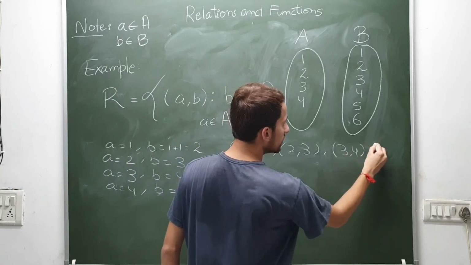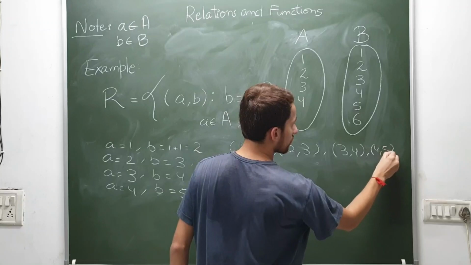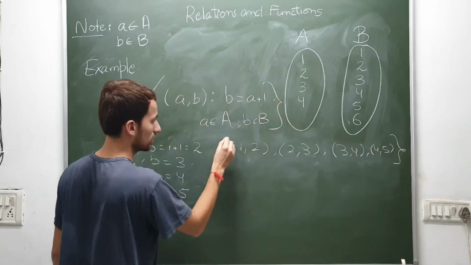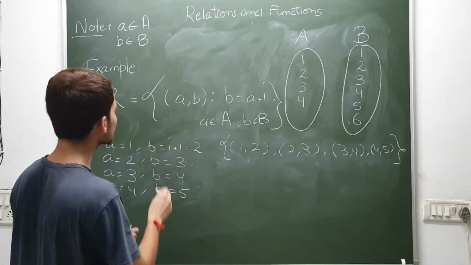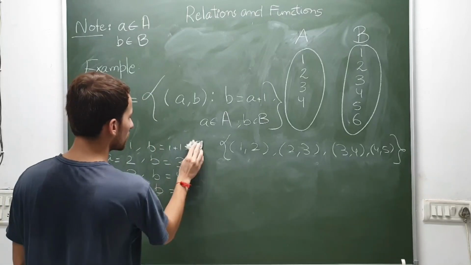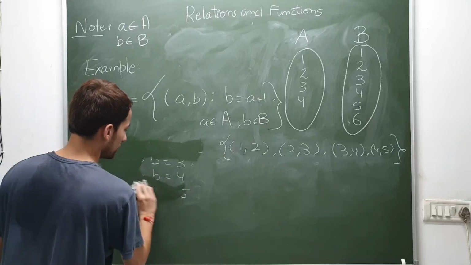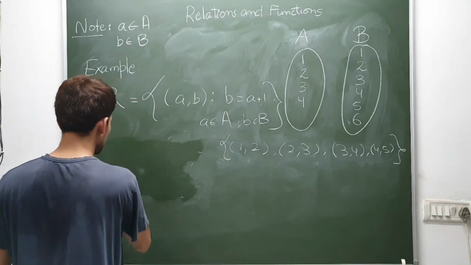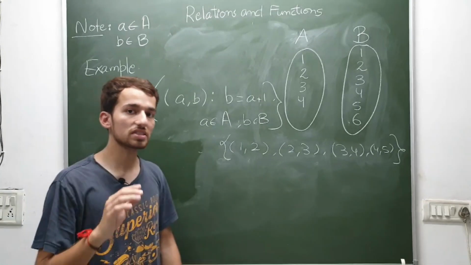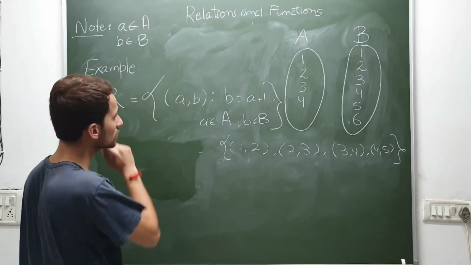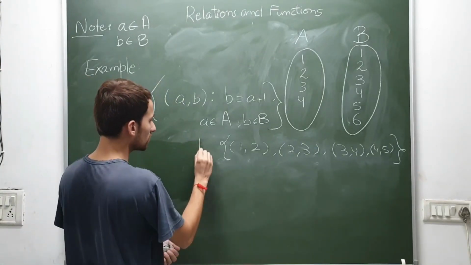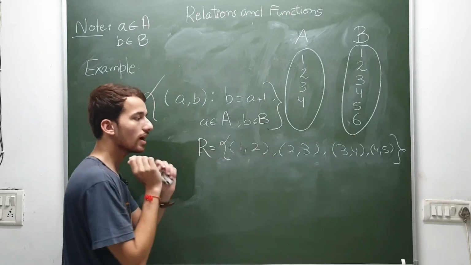We are making a collection. And this collection is precisely the elements which you have just collected, the elements of this relation R that satisfy this. So this is my R. This collection is my R.